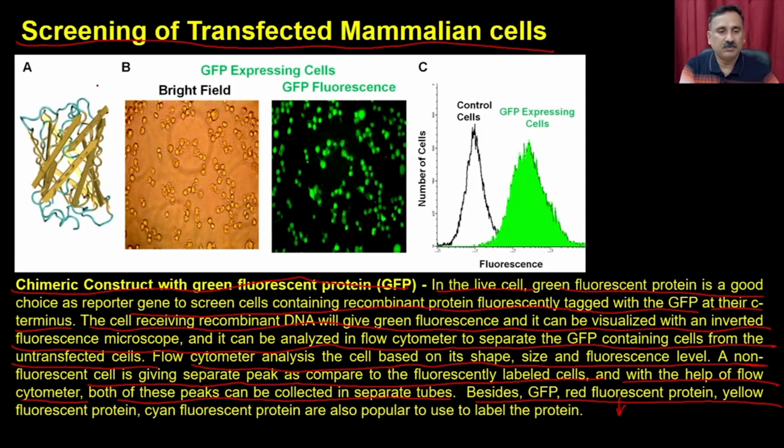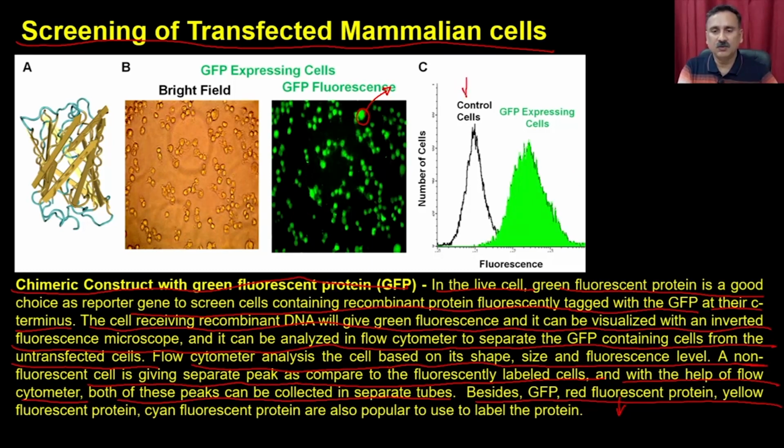So, what you are going to do is transfect the cells, and under the inverted microscope you see that all the cells are showing green fluorescence. If you are interested in collecting these cells, you can put them into the flow cytometer, which is going to separate the cells based on the fluorescence.